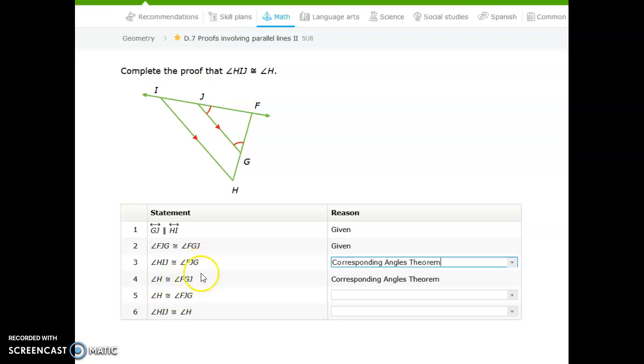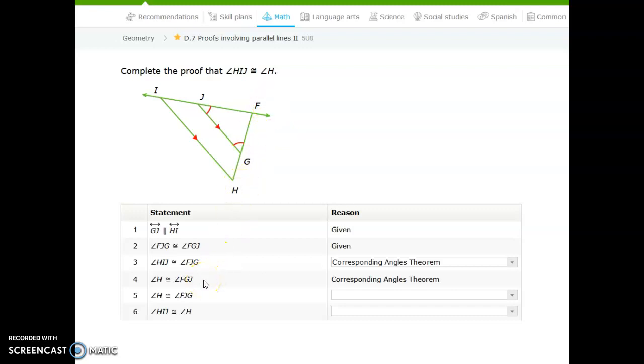So I'm going to see if maybe they used some combination of these lines along with one of our reasons, one of our properties to come up with line 5. Okay, so right here, we know that angle H is congruent to angle FGJ.